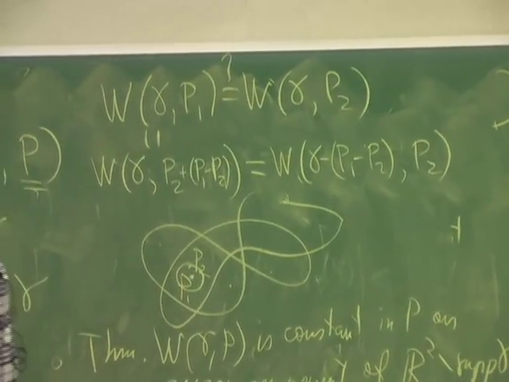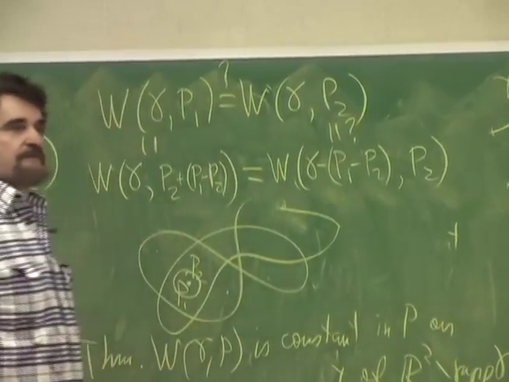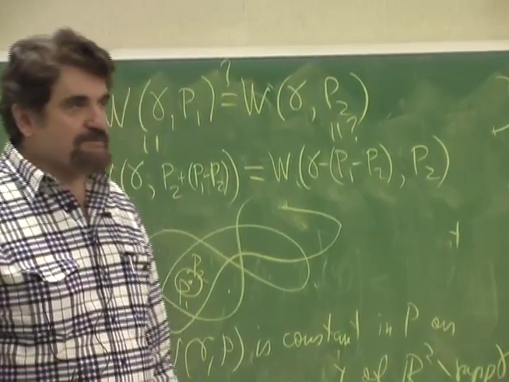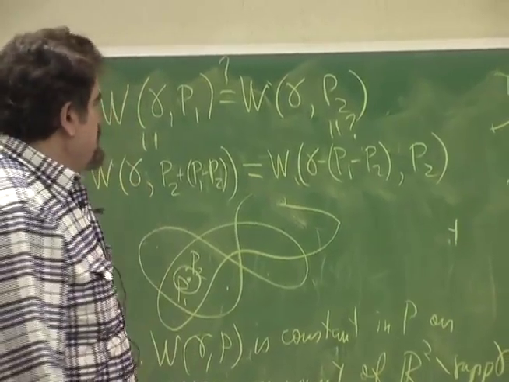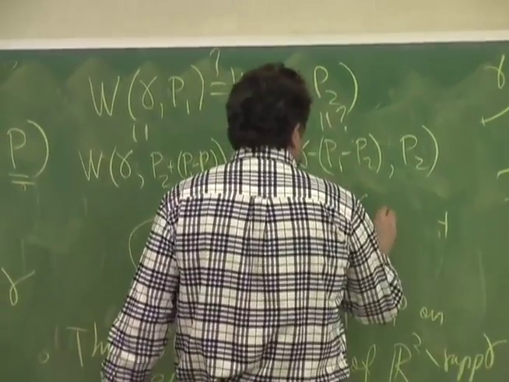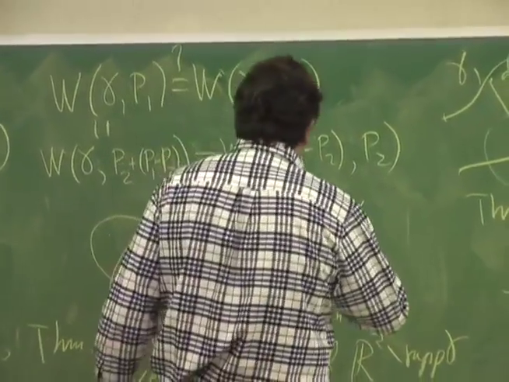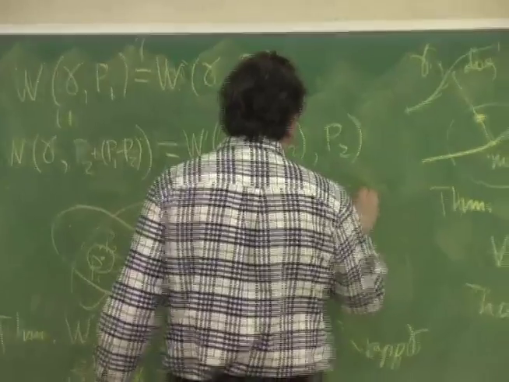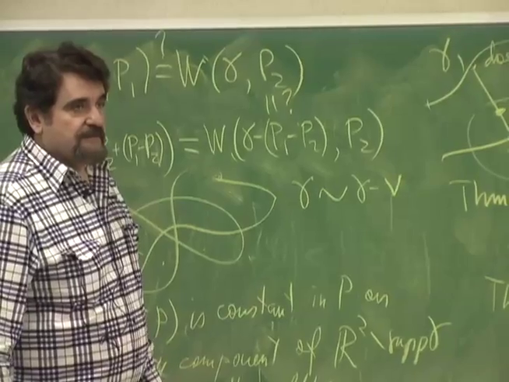And the only thing I need to prove is that this is true. Then everything is going to be correct. So I want to prove that gamma, this is closed, is homotopically equivalent to gamma minus nu. Nu is this vector.